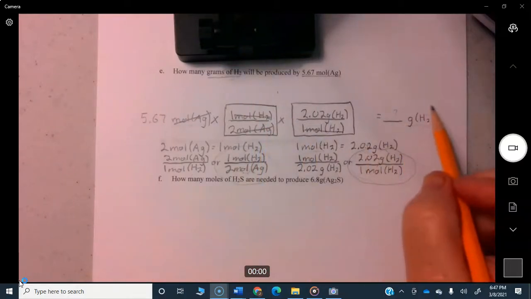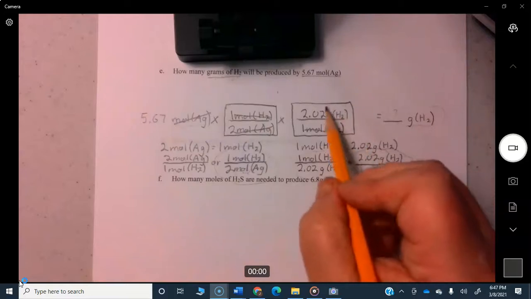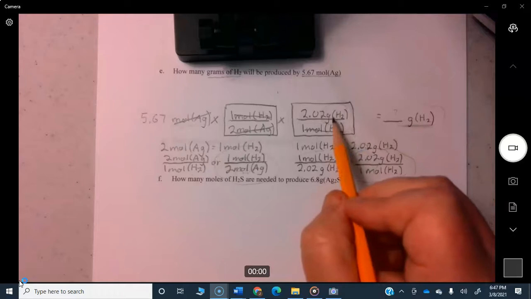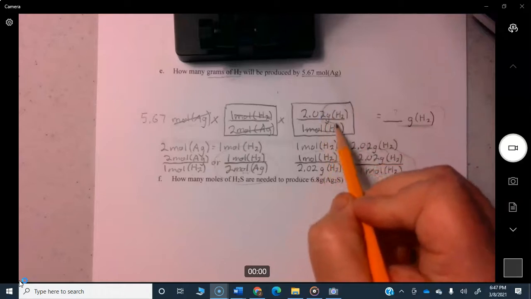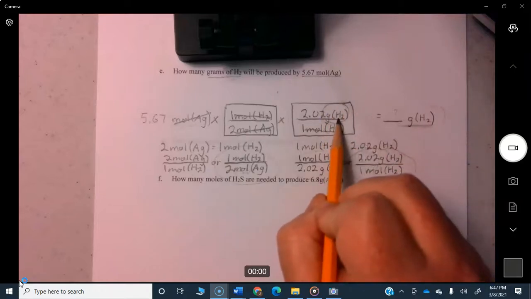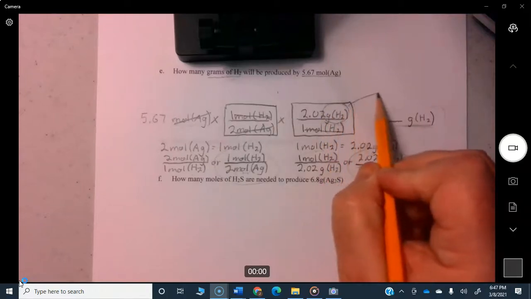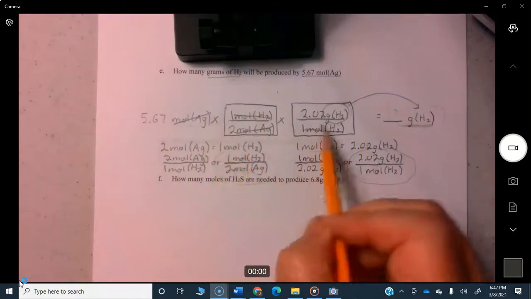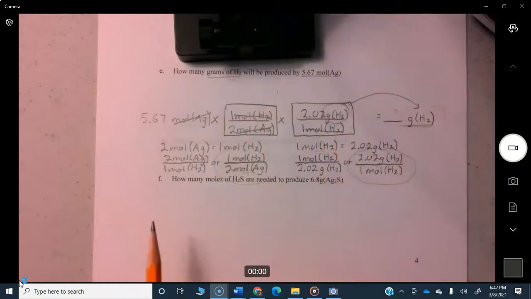But what is in our final answer is grams of H2, and that ends up on top. You want whatever your unit of measure in substance for your final answer is to be the last man standing. So that's the last unit on the top in the last box, and so you can just draw a little arrow like that. All right, so everything canceled except the thing we want to appear in our final answer.